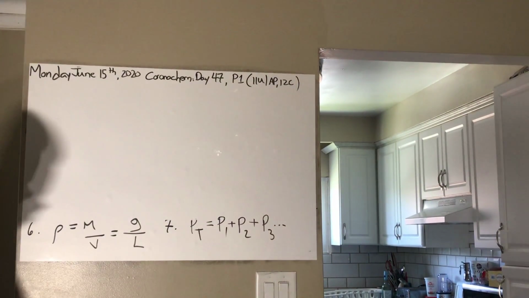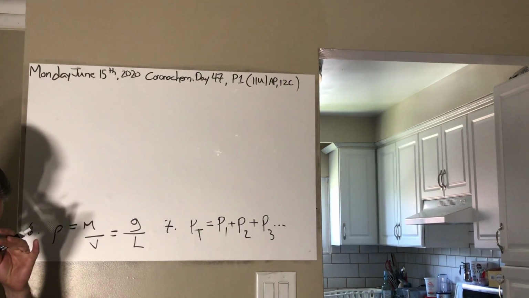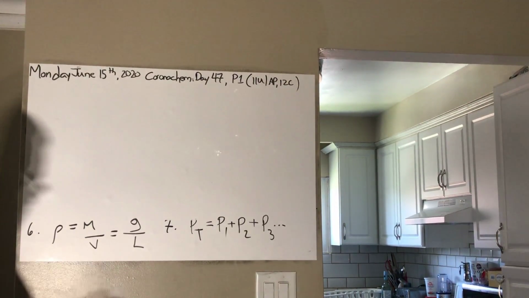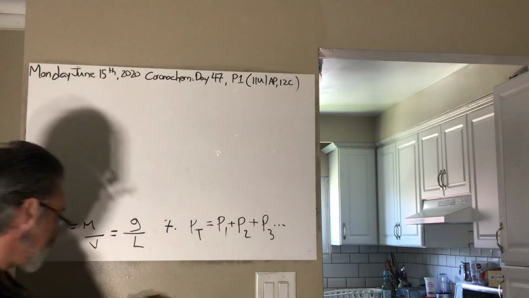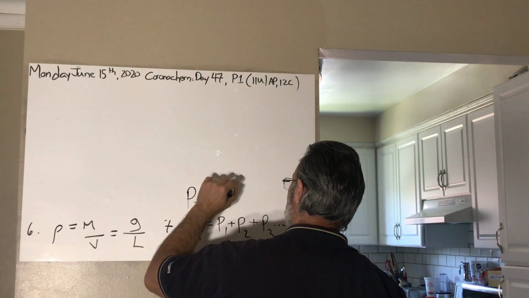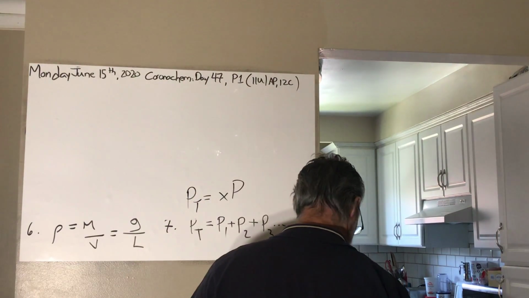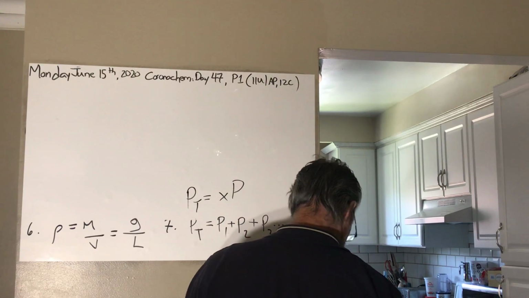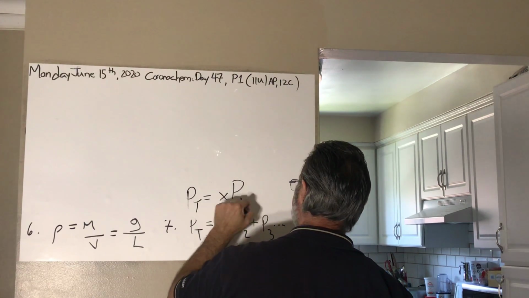I was talking about partial pressures, where the pressure contributed by a gas is equivalent to its mole fraction. So another way of stating that is that the total pressure is equal to the mole fraction of each one of the contributing parts.